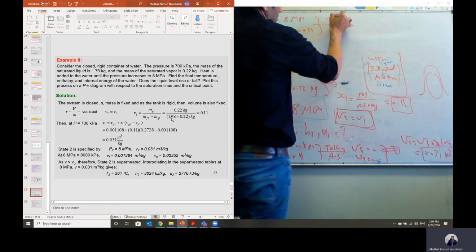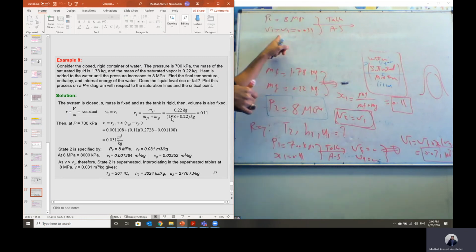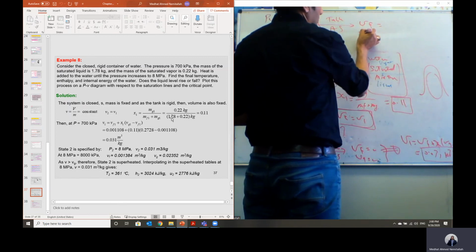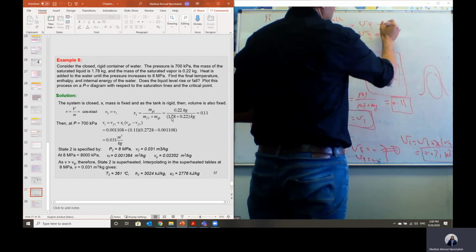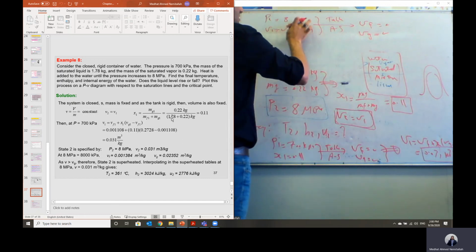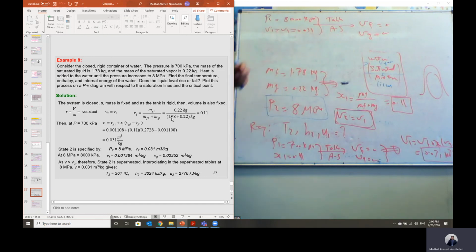Then, again to table A5, given a specific volume, I will get V fluid and I will get the value of V gas from the table at this pressure. 8 megapascal, where the pressure in the table is in kilopascal, is 8,000 kilopascal. So at pressure equal to 8,000 kilopascal from table A5, I will get V fluid and V gas.